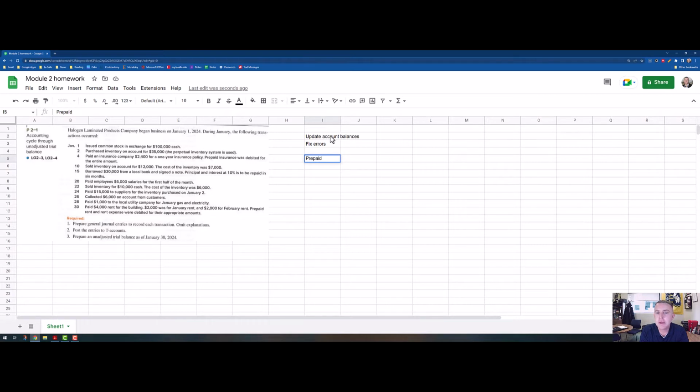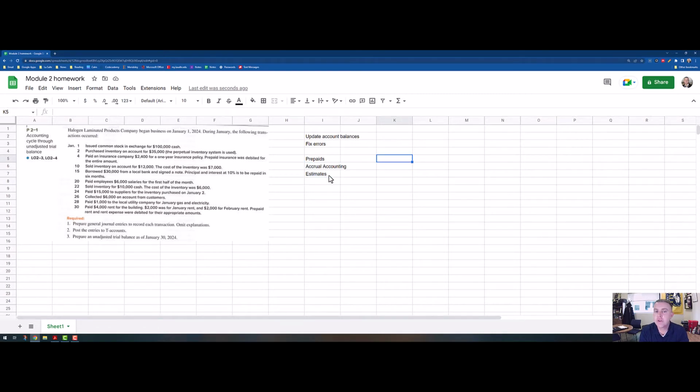If there is a prepaid expense, that will result in adjusting entries being required. Accrual accounting will also require adjusting entries. And then finally, estimates. Any accounts that require some type of estimate will need to have adjusting entries recorded at the end of the financial reporting period.